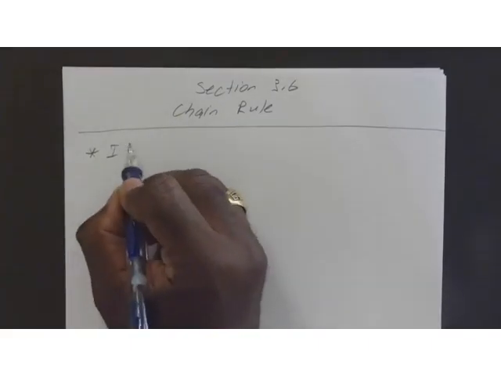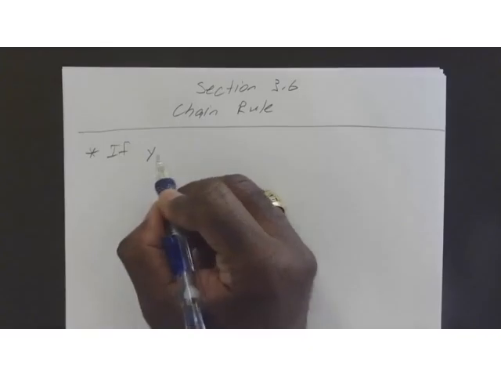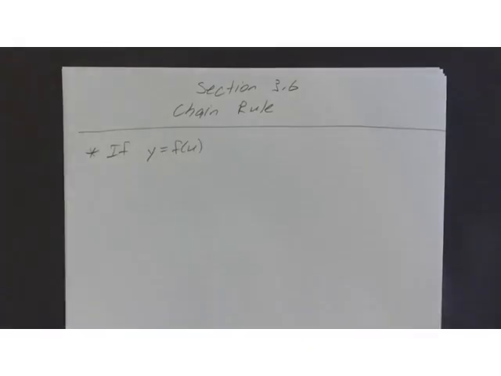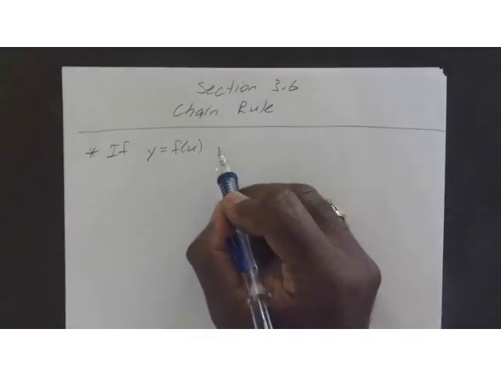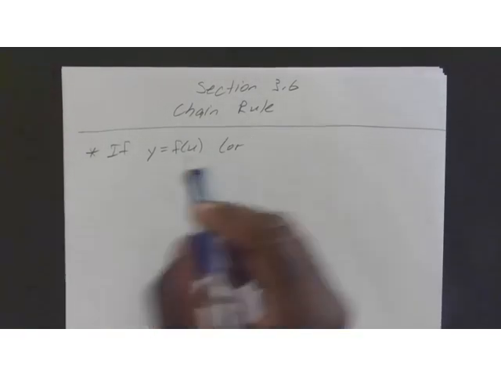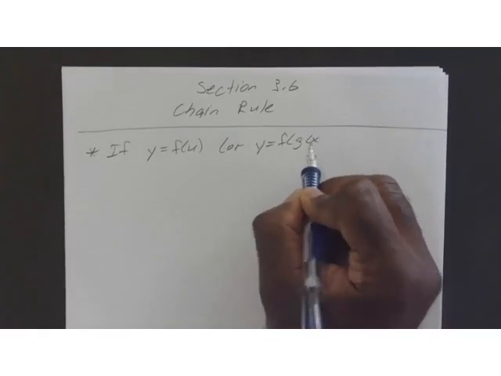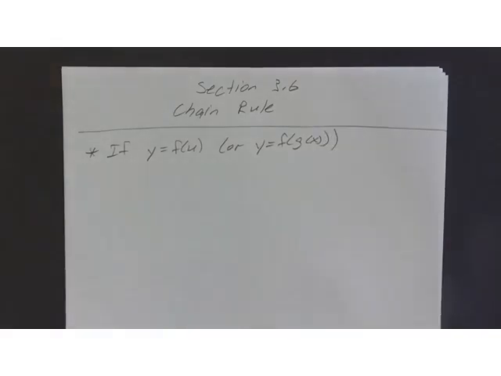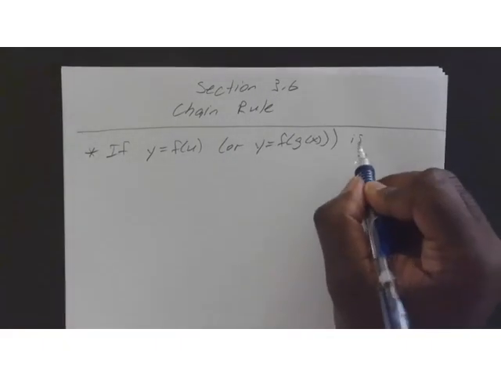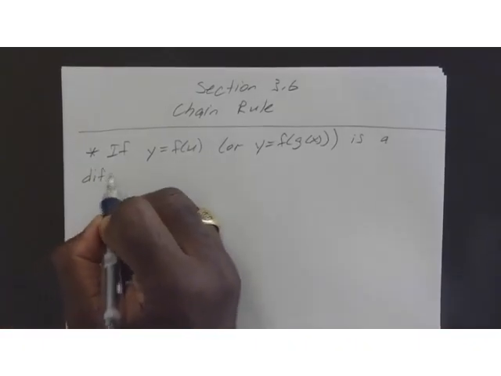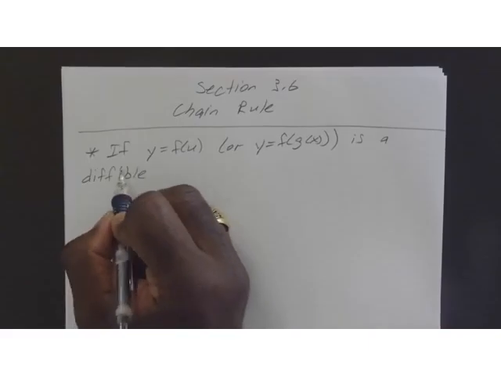Okay, so what if we had y and we wrote it as a function of u? Or you can just write it as a composite function. So let's say y is equal to f of g of x. Okay. So we know that it is a differentiable function, which means the derivative exists across the interval.